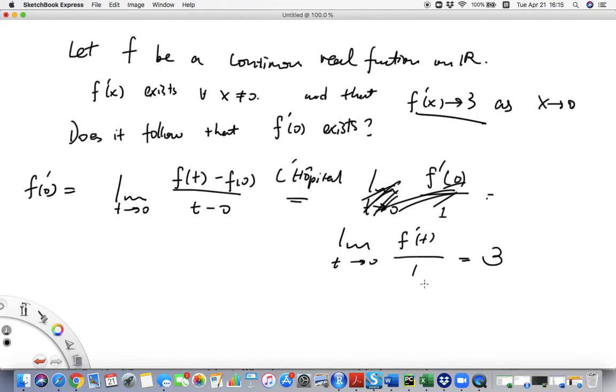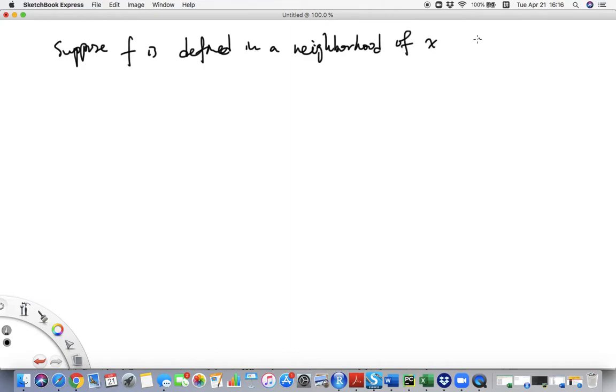All right, next. Suppose f is defined in a neighborhood of x, and suppose f double prime of x exists.